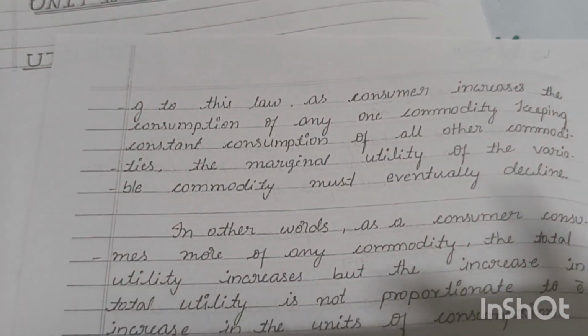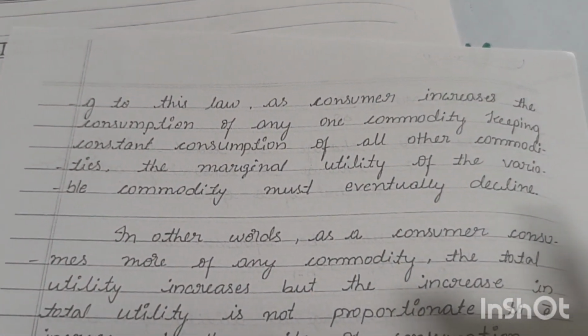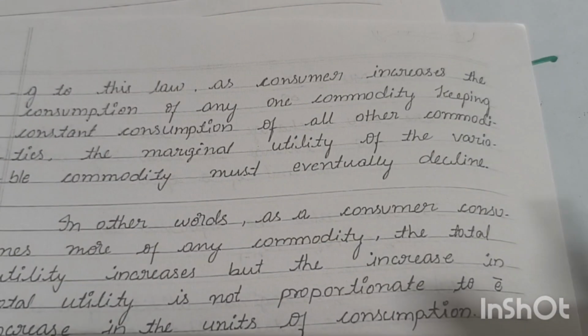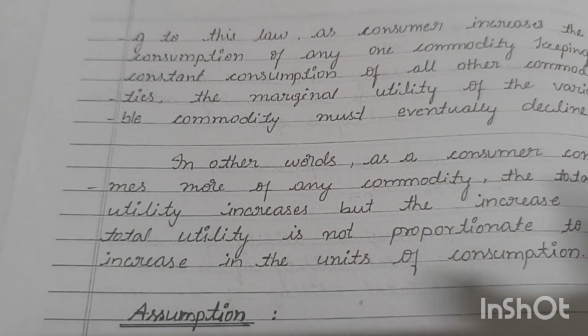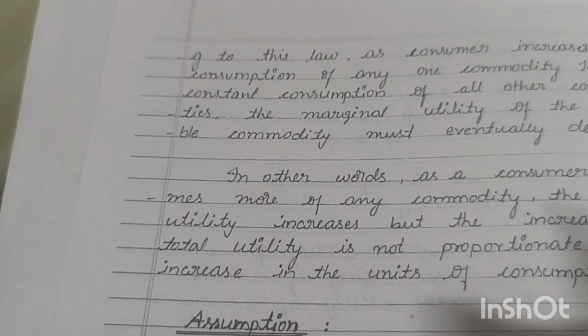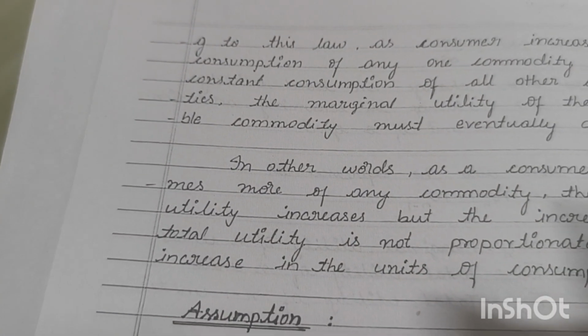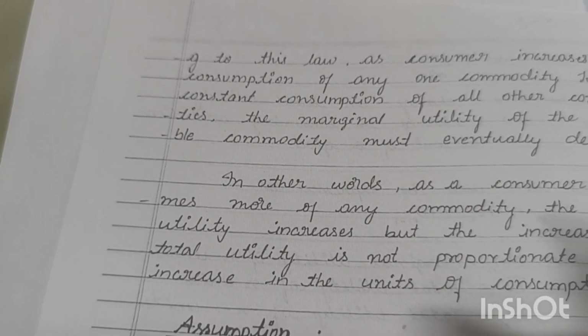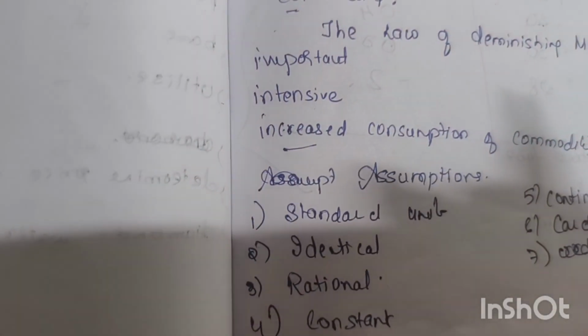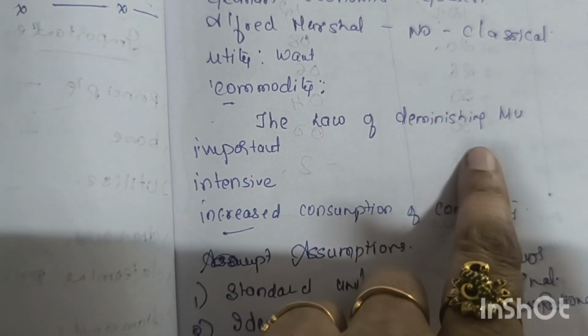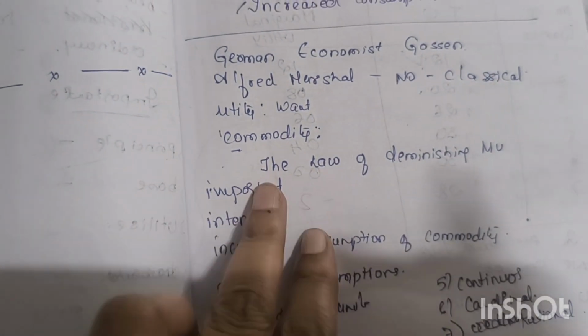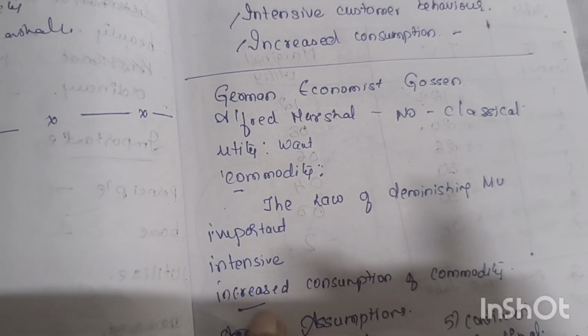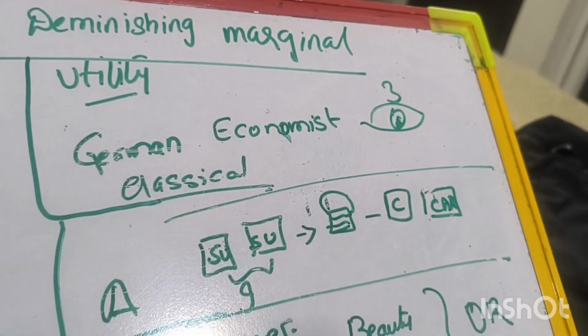According to the law, as the consumer increases the consumption of any commodity, keeping constant the consumption of all the other commodities, the marginal utility of the commodity must eventually decline. The law of diminishing utility is a very important law, and intensive. So you have to remember the 3 I's.